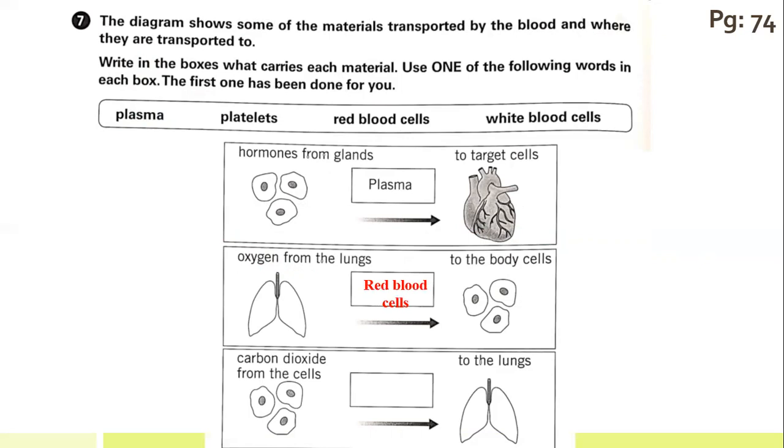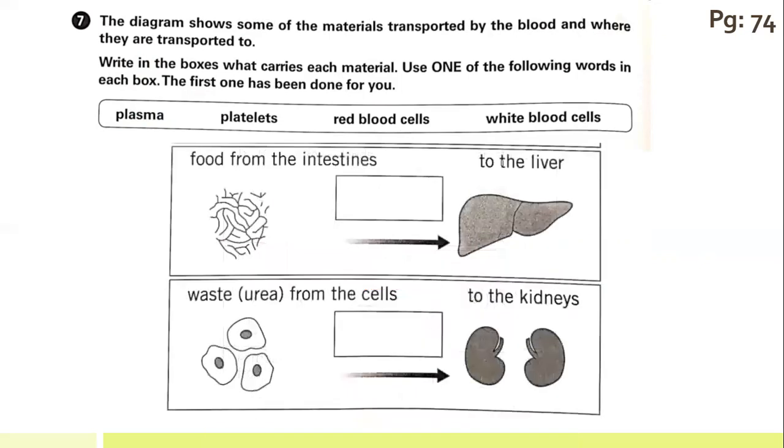The carbon dioxide from the cells to the lungs, so plasma is responsible there. Food from the intestine to the liver, again plasma is responsible there. And waste or urea from the cells to the kidneys, so plasma is again responsible there.